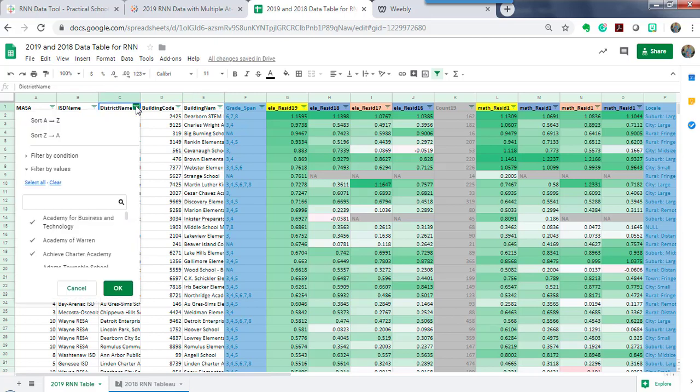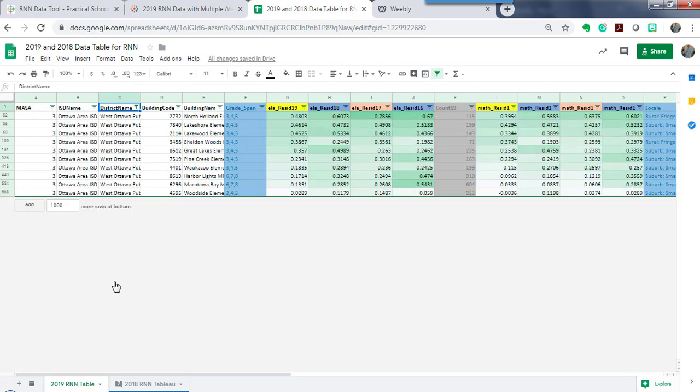And the nice thing about looking at the district, if I clear all the districts and look at maybe West Ottawa, when I have multiple schools like West Ottawa or Grand Rapids or others, I can actually not only look at the building trend, but if I highlight the column for the 19 residual, down here in the corner, you'll see that it can add up the numbers or simply take the average, and I can see that my average is about a 0.29.